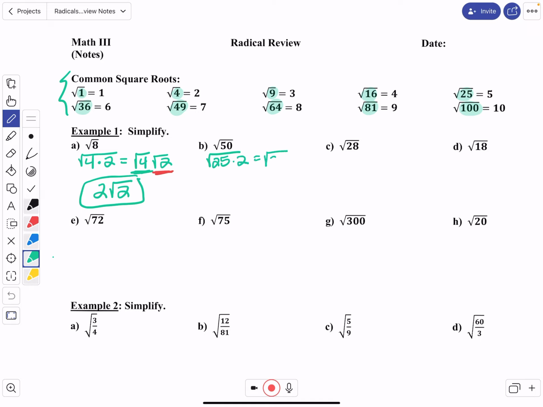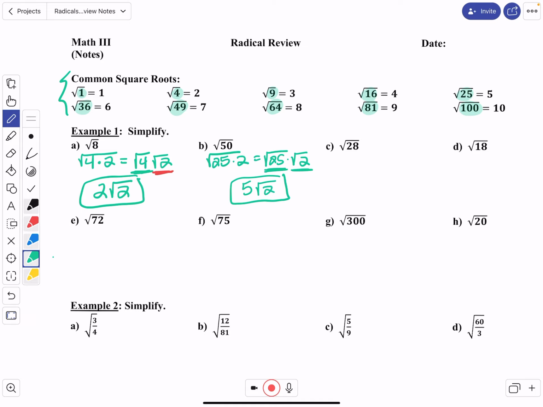So we split that up, 25 and 2. The square root of 25 turns into 5, and this one, like I said, will stay a radical, because since this number itself is not a perfect square, you will never be able to get rid of it completely, okay?